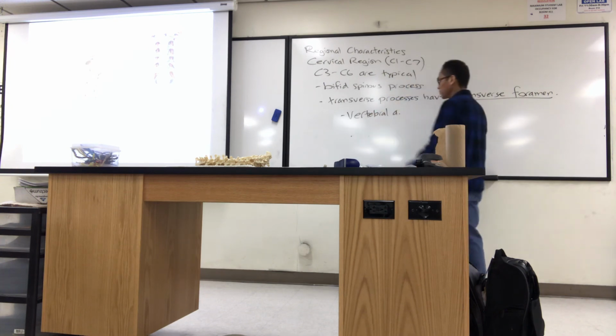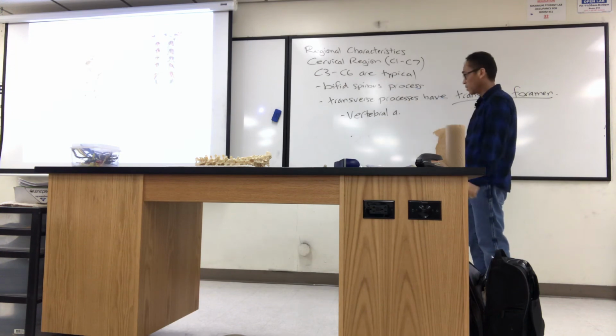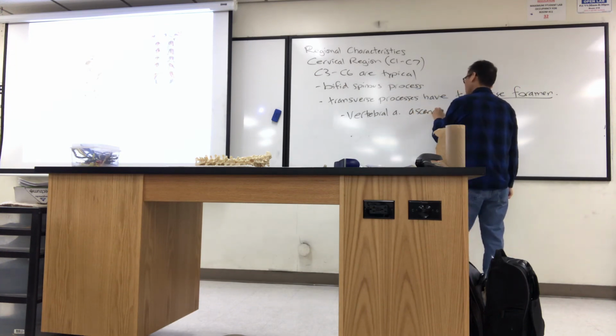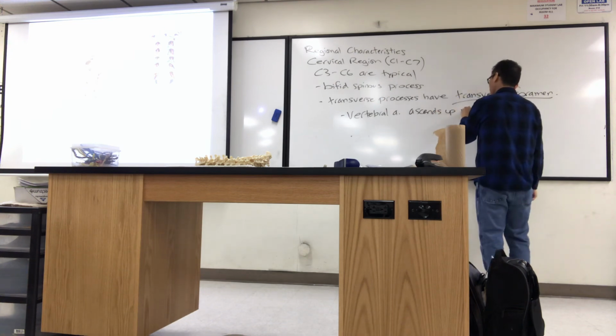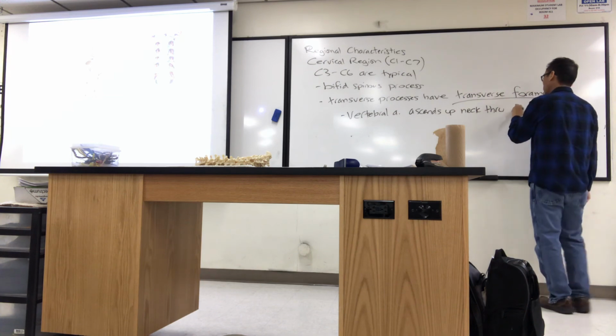Well, they teach arteries in 431, but you're going to know that one now because we're learning the neck bones. Vertebral artery ascends up neck through transverse foramen.